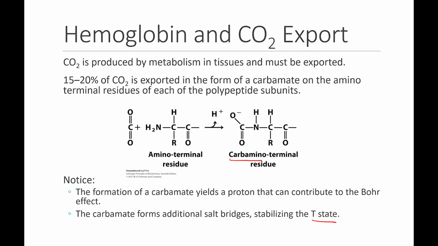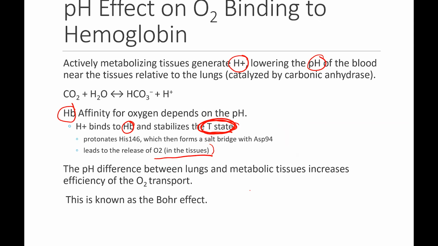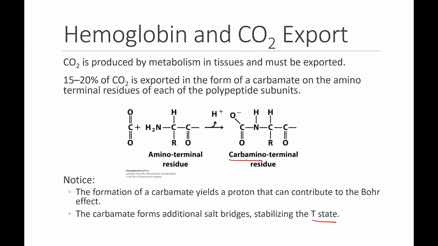So this is another way, not just through the yielding of protons, which we talked about in this slide, in which protons affect stabilization of the T state, but also, thirdly, the actual binding of CO2 to hemoglobin can also stabilize the T state. Again, this is going to help release oxygen into the blood, but it makes the whole hemoglobin molecule have less affinity for oxygen.